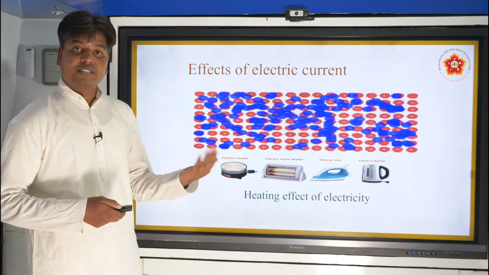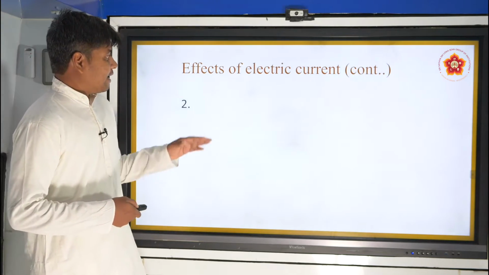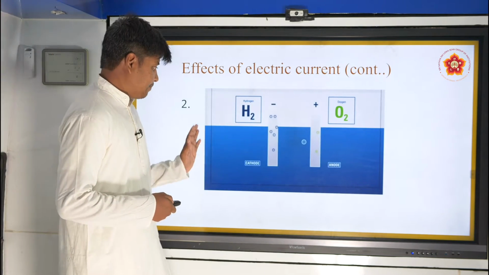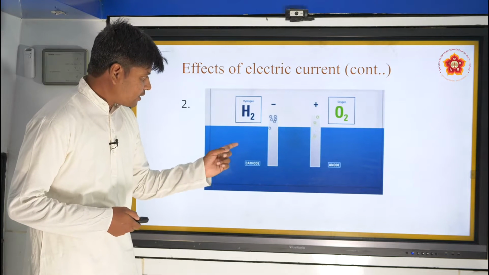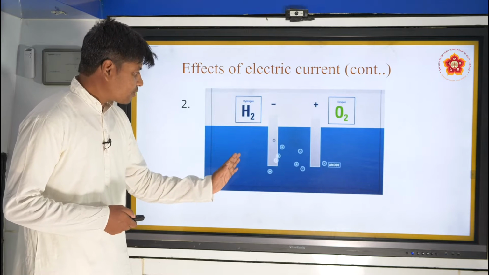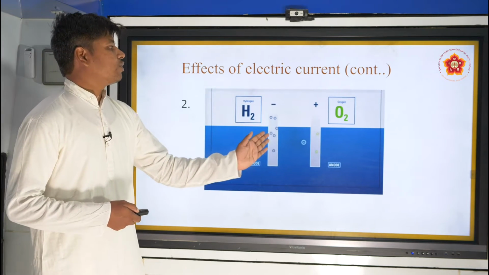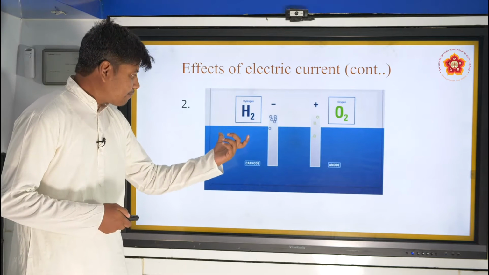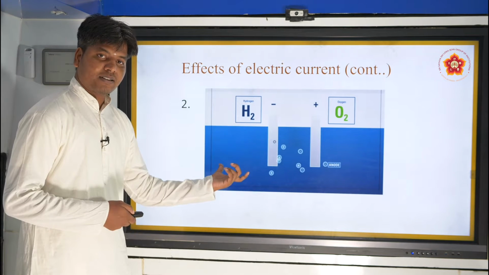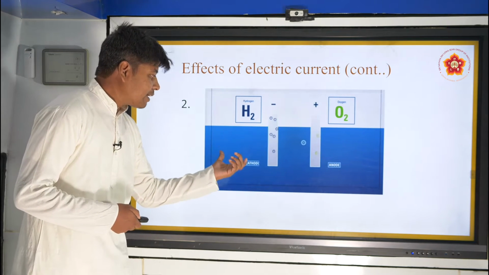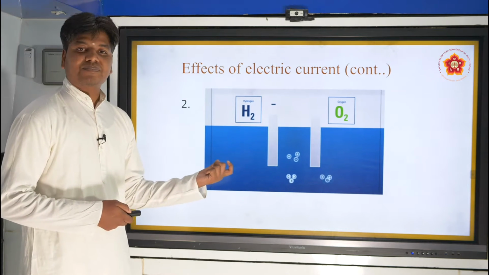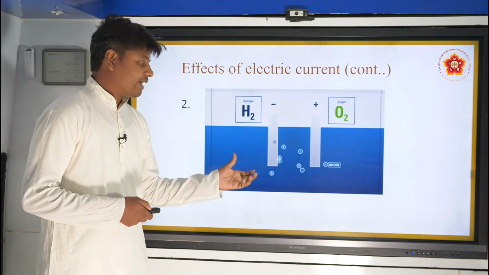Now let us go to the further effect. Effects of electric current. You can see here, what is here? A beaker, two electrodes, and you can see the water bubbles going to one or the other electrode. Some bubbles are going to this electrode, which is called the cathode, and some are going to the anode. So when electricity is passing through this solution, what is happening here? The chemical composition of this electrolyte, we call it a conducting solution, is undergoing a chemical reaction and it is decomposing.